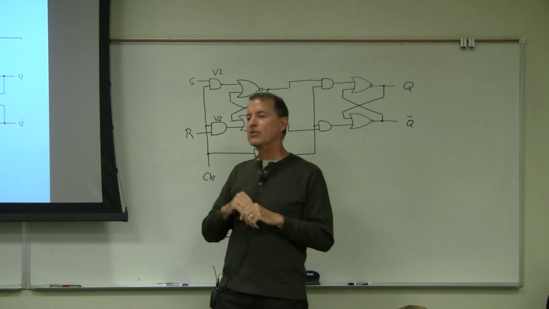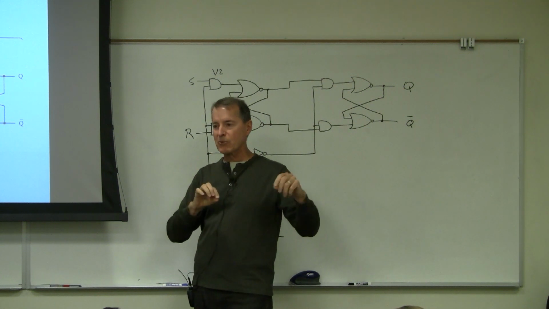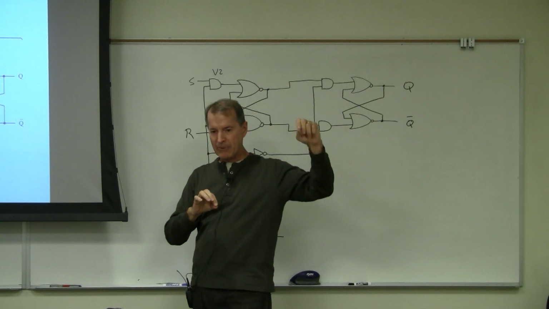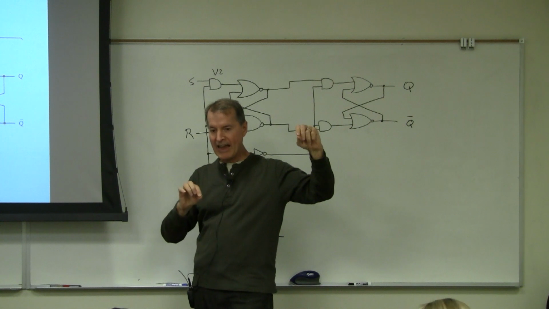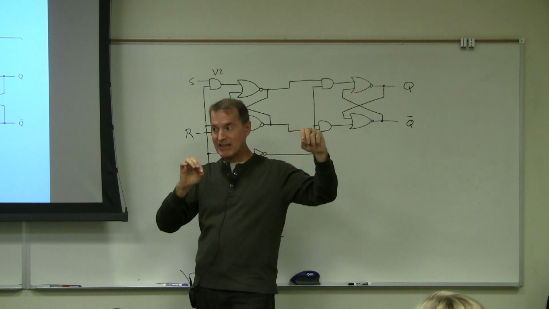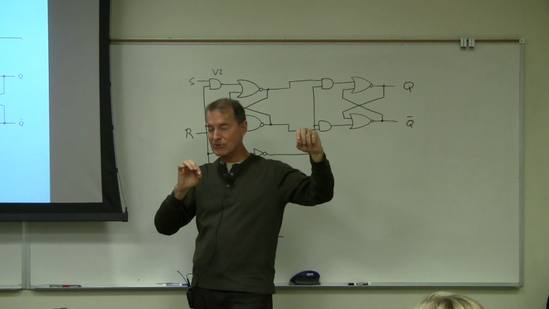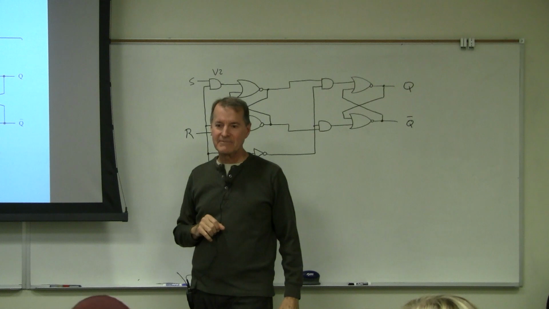And where do you think the threshold is? In other words, the output is at 5 volts, the input is at 0 volts, and then you gradually move it up from 0 to 5. Where do they normally design the threshold? 2.5. Why?